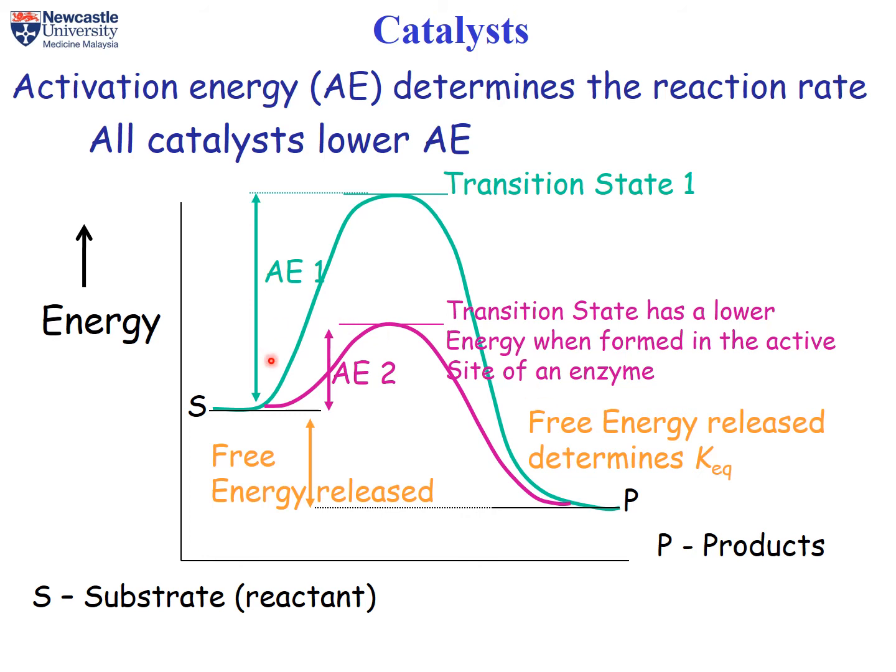But when the enzyme is present, the transition state has a lower energy level because the substrates are now bound inside the active site. So that increases the reaction rate by reducing the activation energy. As a matter of fact, all enzymes, or all catalysts, will reduce the activation energy.